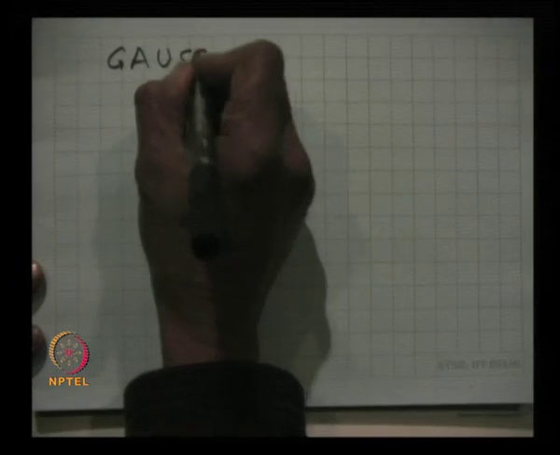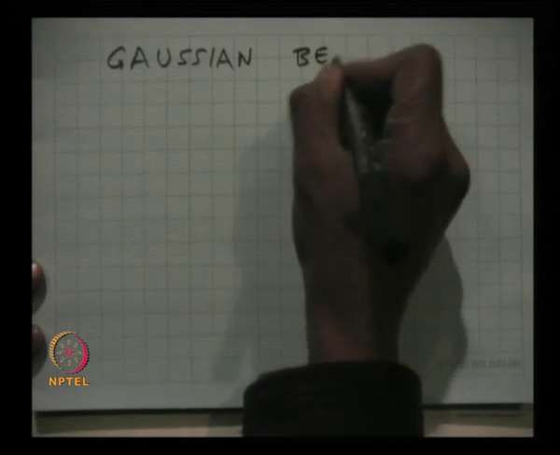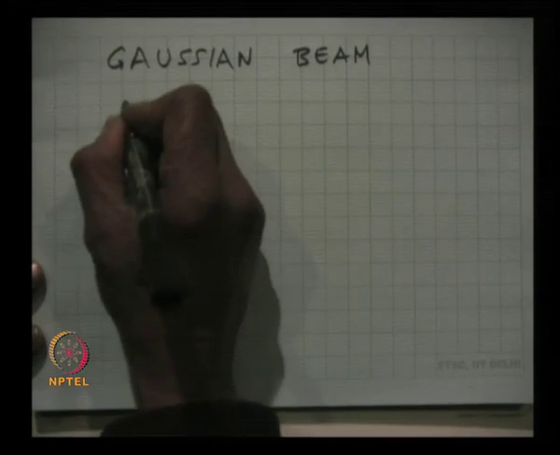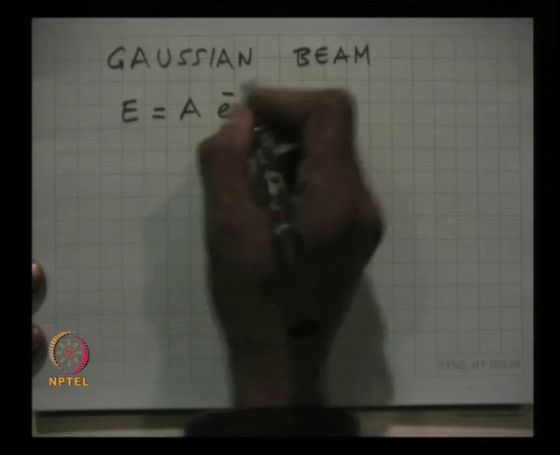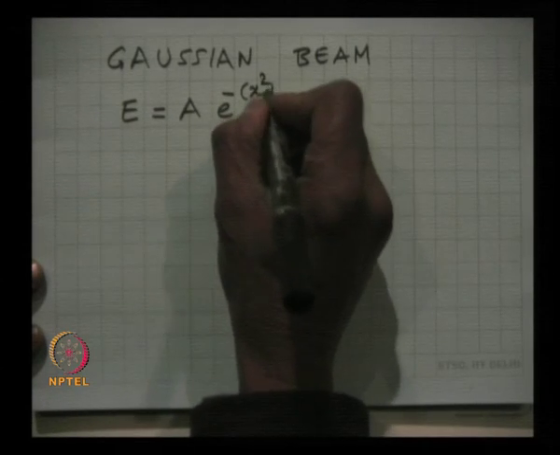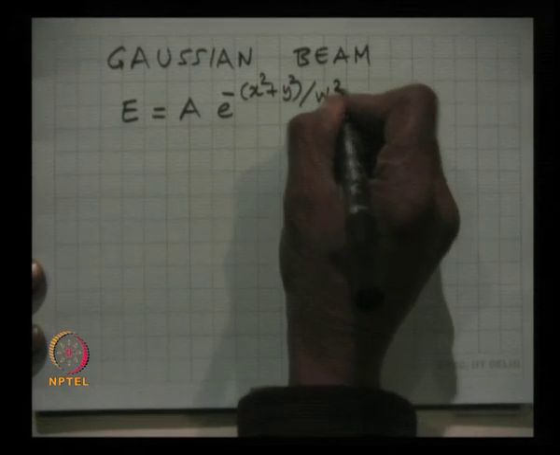So, as an example, let me look at a Gaussian beam, because the intensity distribution that is coming out of a laser is usually a Gaussian distribution. So, the electric field of a Gaussian beam is some amplitude times exponential minus x square plus y square by w 0 square.